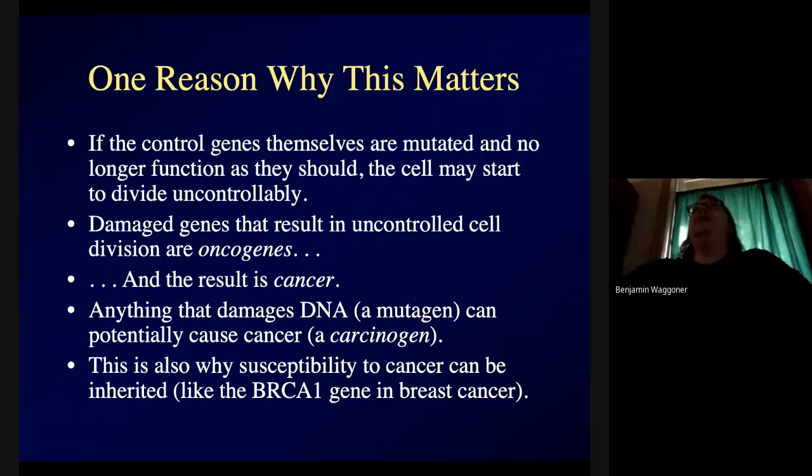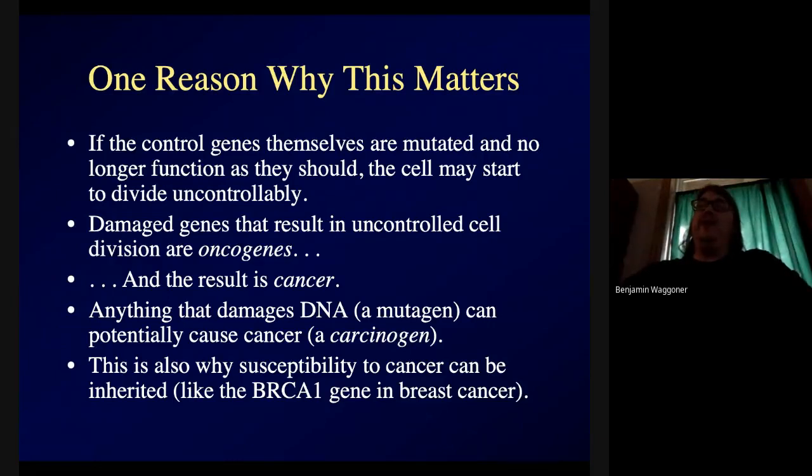That is how exposure to certain chemical compounds, like asbestos, for example, can give you an increased risk of certain types of cancer. Those chemicals are the sorts of things that damage DNA. This is also why some types of cancer tend to run in families.